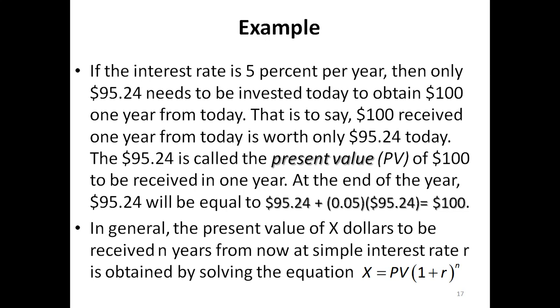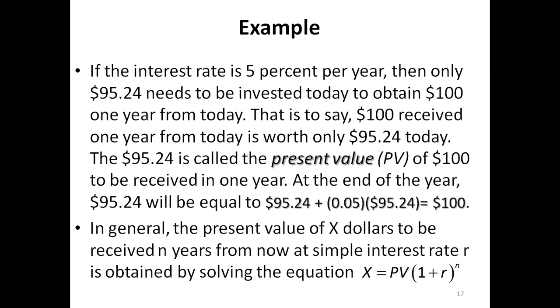That is to say, 100 received 1 year from today is worth only 95.24 today, and this is the present value. So the 100 to be received at the end of the year will be equal to 95.24 plus I, that is called interest.